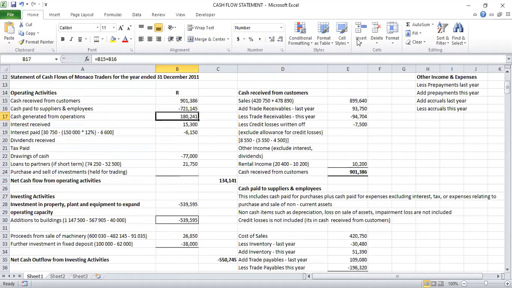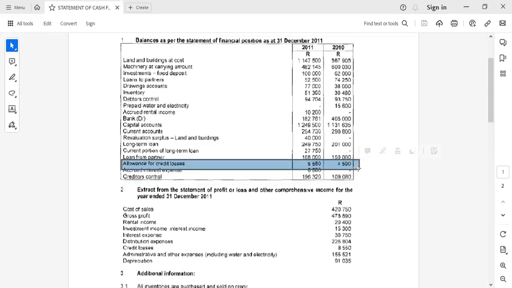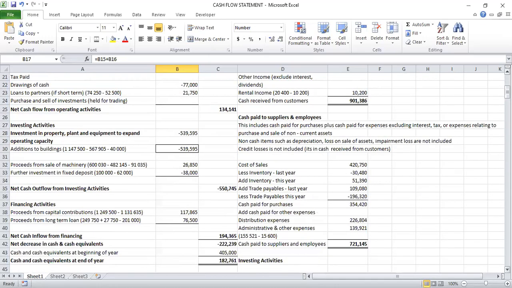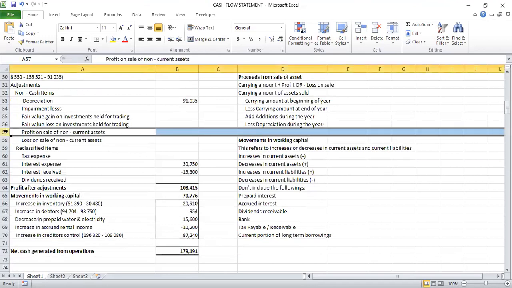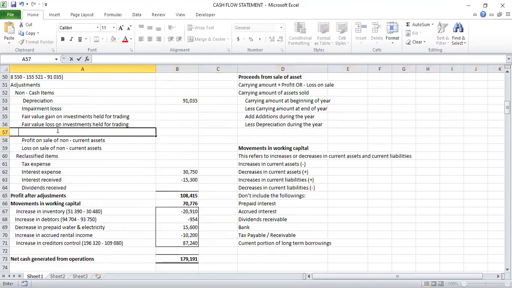There's something left over because this is what gives us this in the indirect method. On the non-cash items, I was also supposed to include the allowance for credit losses. Remember, it's just an adjustment. It's a non-cash item. So here I'm supposed to include the allowance for credit losses.